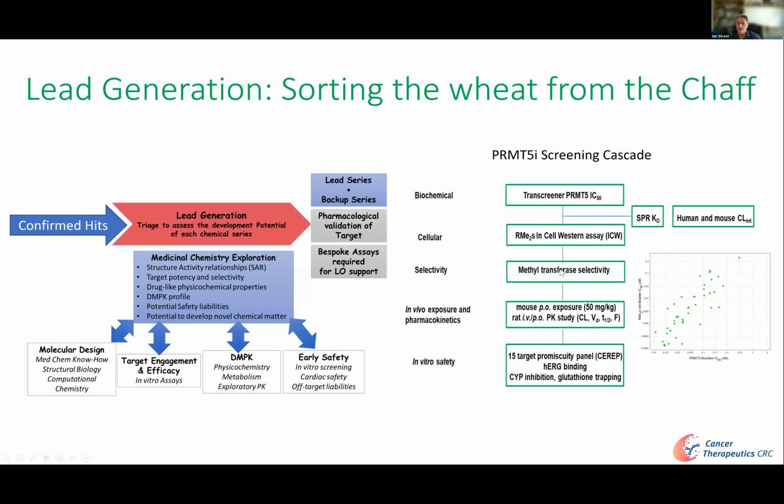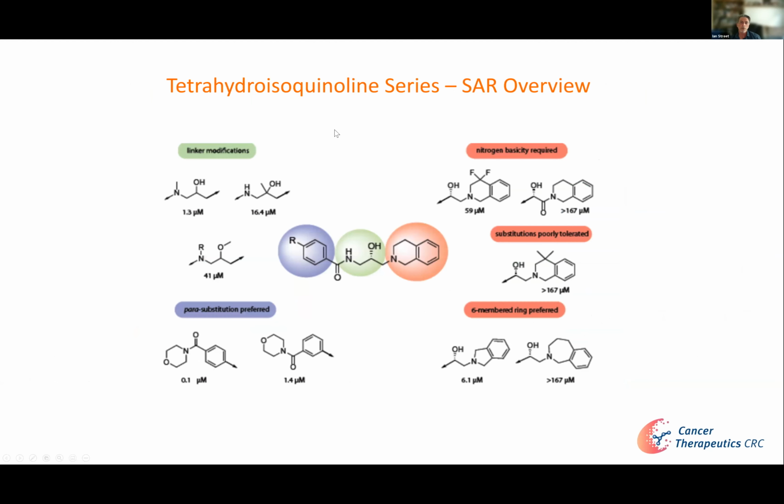What other activities has it got? Does it have basic exposure in rodent models, and the off-target activities? And so this goes round and round until essentially we've explored both series and come to a conclusion.